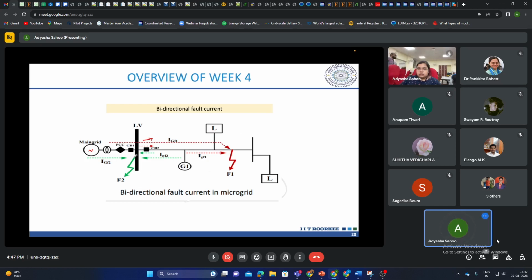But let's say there is a fault at this PCC. Then the grid is feeding the fault, and this distributed generator can also feed the fault. So we also need to detect this kind of fault and trip this. But traditionally in the distribution system, we mostly have non-directional relays, because mostly we have overcurrent relays.